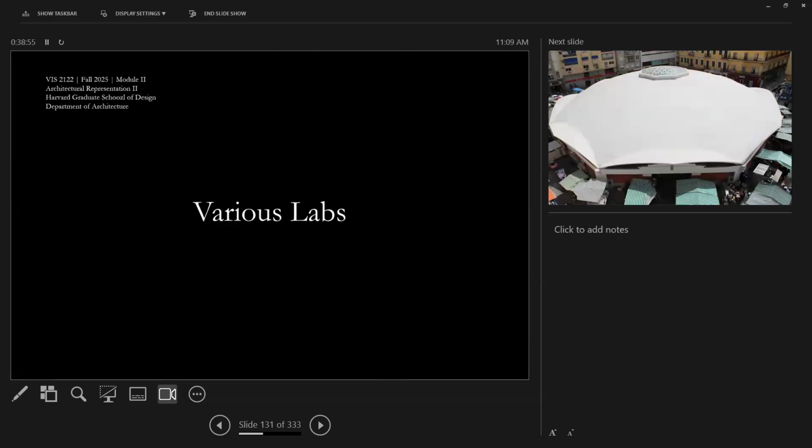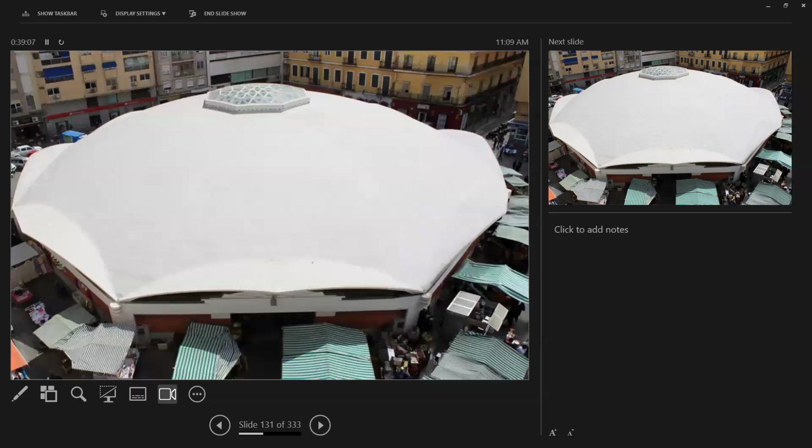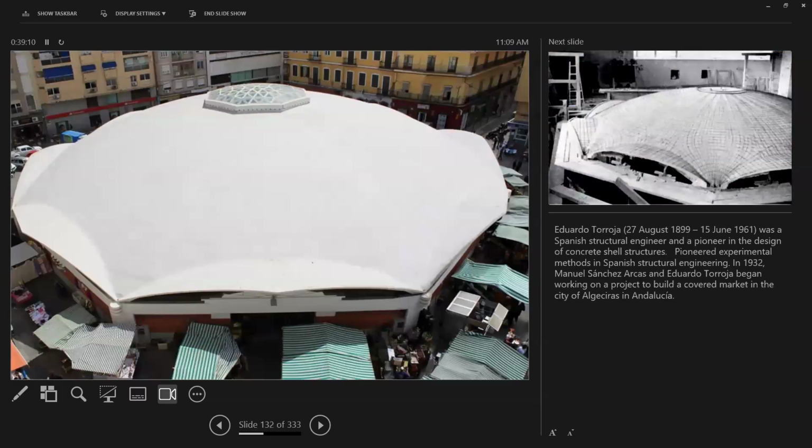At this time, though, there was this huge industry in the 50s and the 60s. It's kind of the golden age of physical model testing, where they would test tons and tons of engineering models. There were many, many labs around the world and many different important figures. One of them is Eduardo Torroja, a Spanish engineer, and one of the early people doing this.